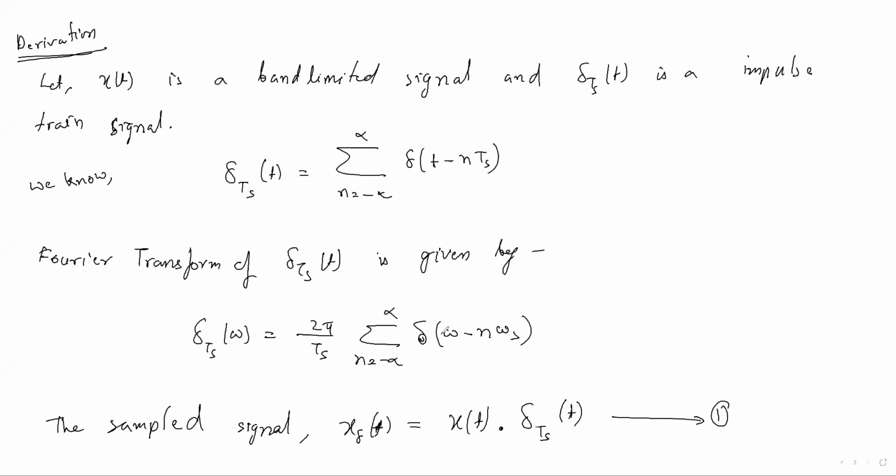Have you completed writing? If we take now the Fourier transform on both sides, because our aim is to find the frequency domain representation of the sample signal, then only we can say what frequency components are present in the signal. That is our main aim, because from the time domain we know the representation of the sampled signal, but what frequency components are present in the signal, that we don't know.